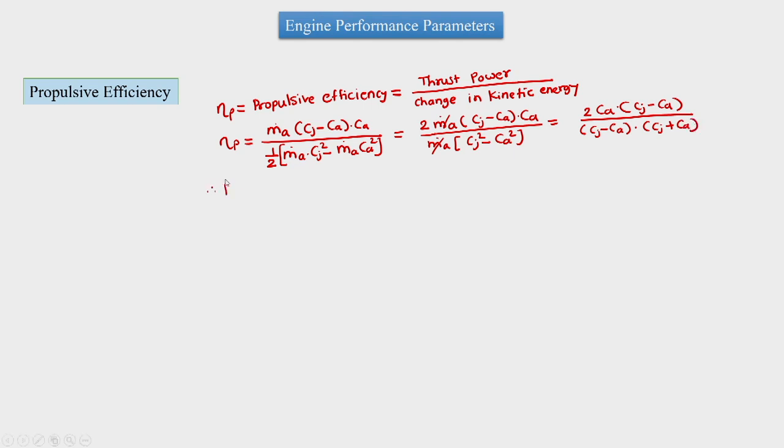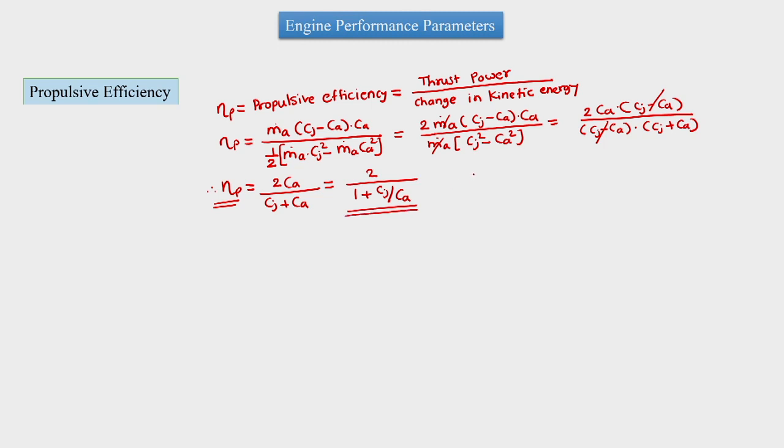So propulsive efficiency can be written as 2Ca divided by (Cj plus Ca), since the Cj minus Ca term gets cancelled. The simplified formula for propulsive efficiency is 2 upon (1 plus Cj by Ca). So this is the formula for propulsive efficiency of an aircraft.